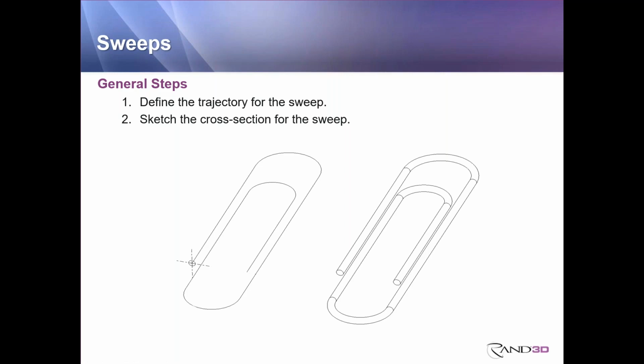That's the path you want to follow, and that's usually an existing sketch. You just pick the sketch and say, hey, that's my trajectory. You can also use edges of solids if you want as well. But the cross section you cannot pre-create. You have to create that sketch internally when you make a sweep in Creo. So you can create the trajectory beforehand, but the cross section has to be internal.